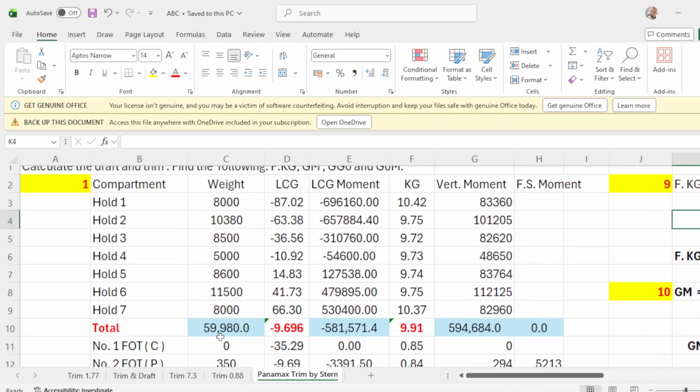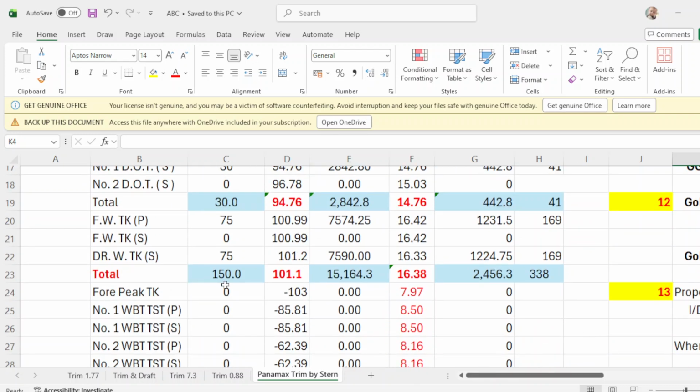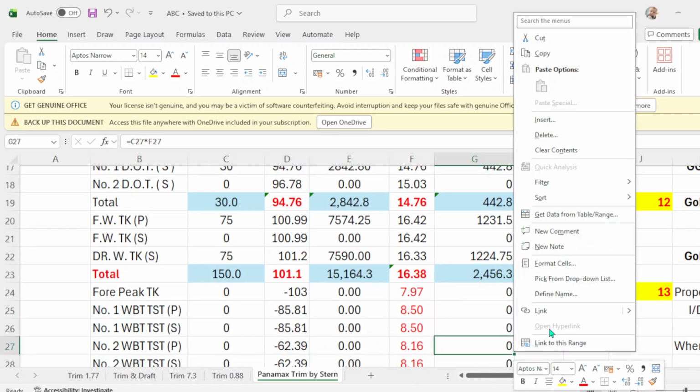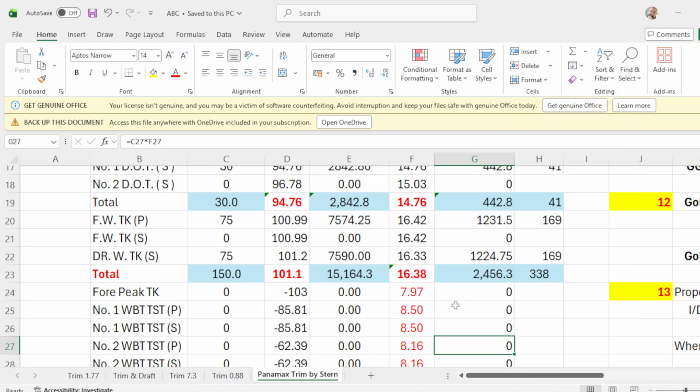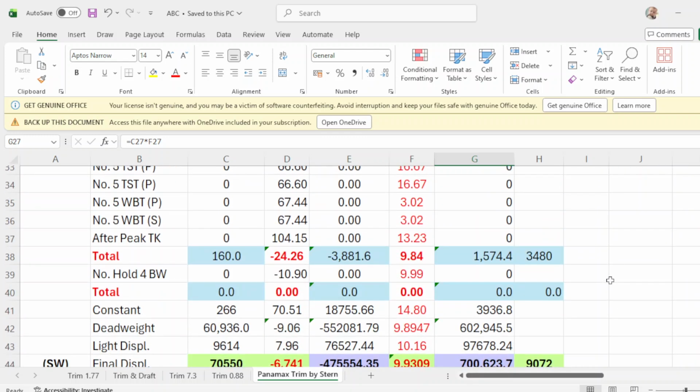I highlighted all the weights, total weights. This one you add with this one, add this one, the freshwater, your ballast, plus your constant.